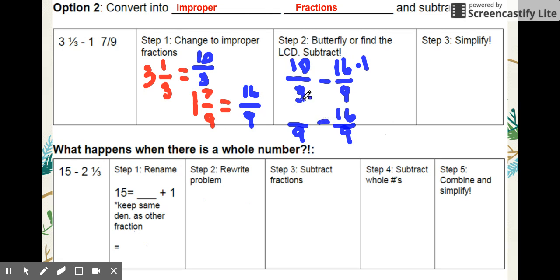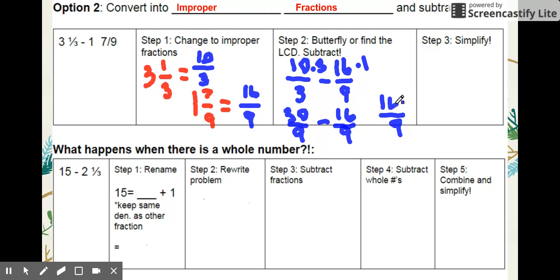But on this one, 3 has to be multiplied times 3 to get to 9. So since 3 times 3 is 9, you have to multiply 10 by 3, and that gives you 30. So now you have 30/9 minus 16/9. The denominator stays the same, so you have 9 on the bottom, and then 30 minus 16 is 14.